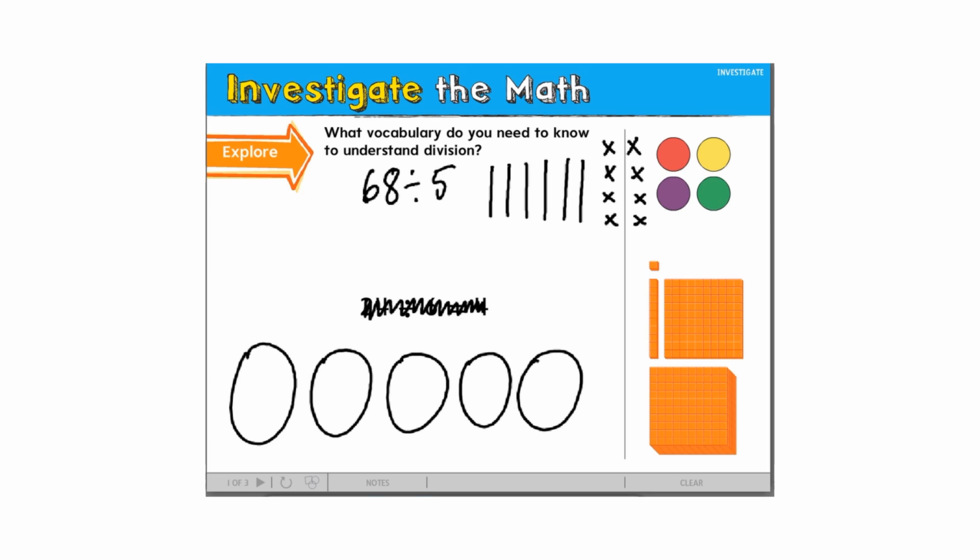Then we would have taken each of these and we would start putting them into the circles. So I'd put this one here, this one here, this one here, and then I'd have to break this apart and make it 10.